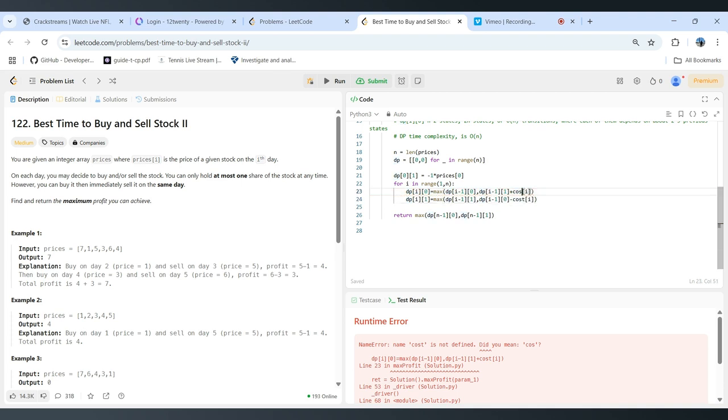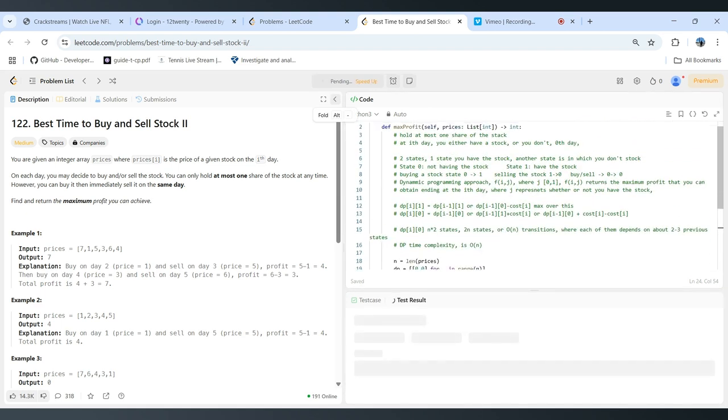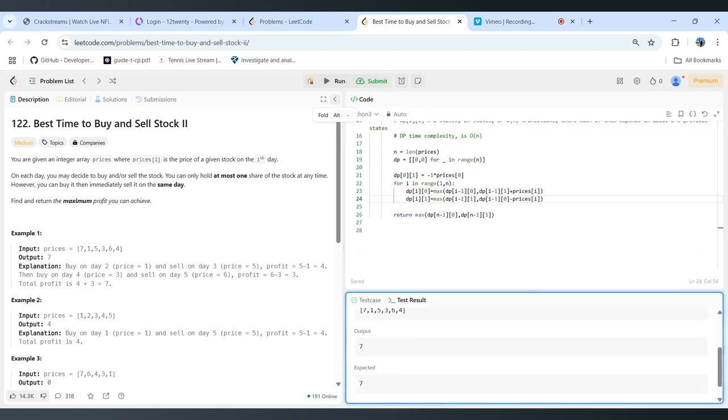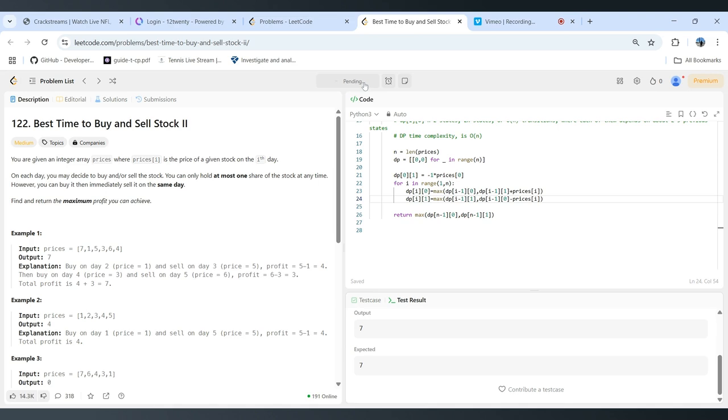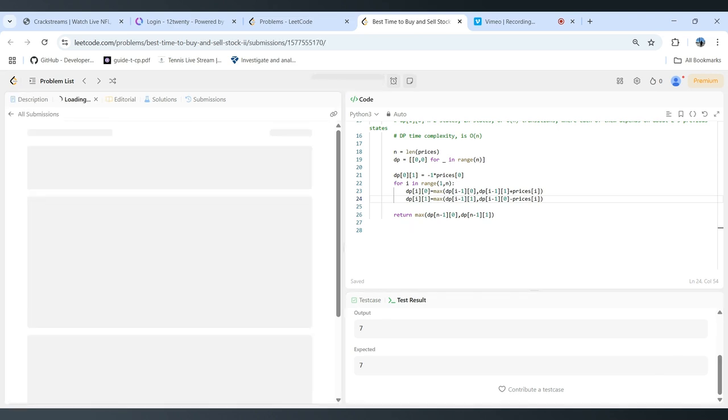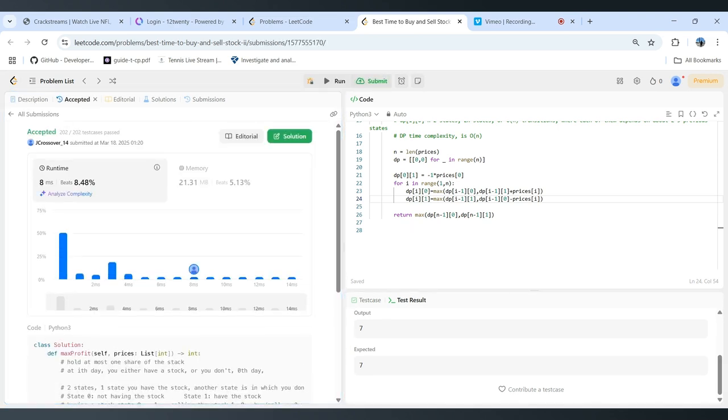Oh, it's not cost, it's prices. And so far it seems to hold up. Okay. So far that approach works.